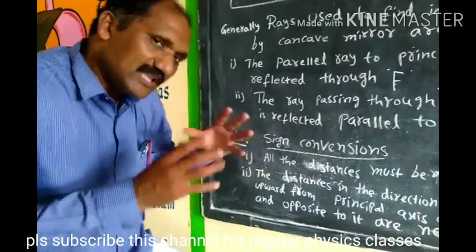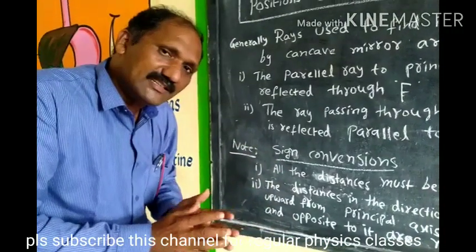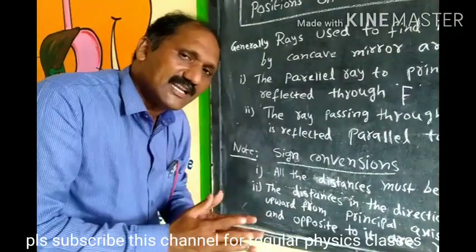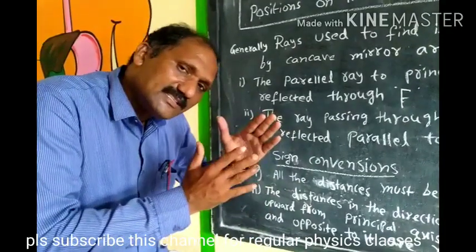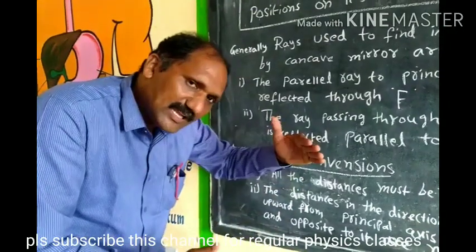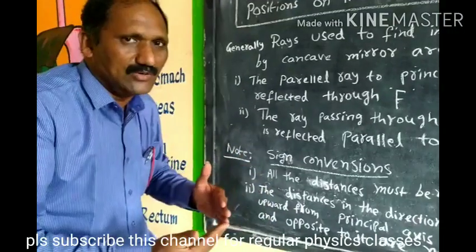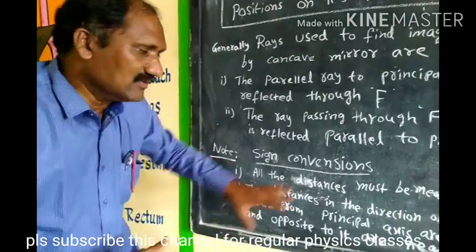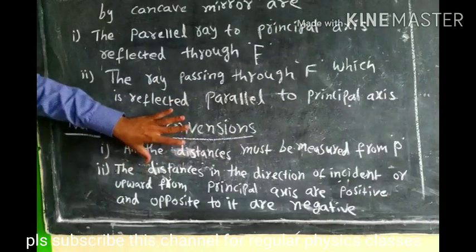And if the distance is taken opposite to the incident ray, it will be negative. And if the height is taken downwards from the principal axis, it will be negative. These two sign conventions are very useful to know.